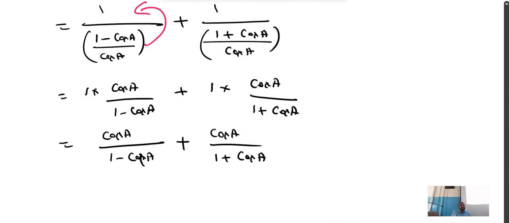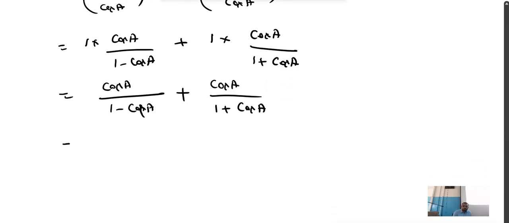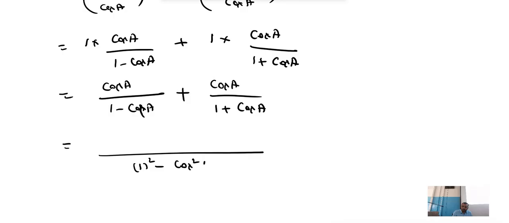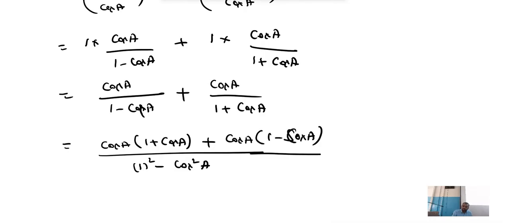Now can we take LCM? What is the LCM for 1 minus cos A into 1 plus cos A? A plus B into A minus B, A square minus B square. Now cos A into 1 plus cos A plus cos A into 1 minus cos A. Both the sides we have cos A. We can take cos A common factor.